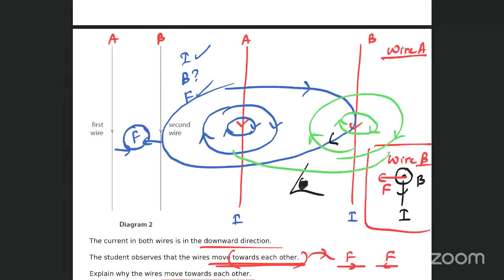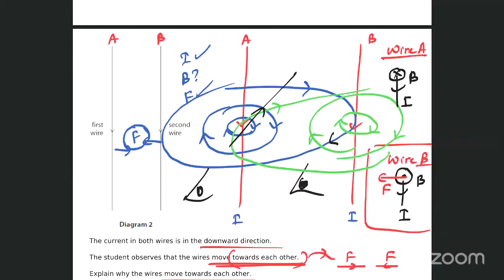If we consider wire A, the current is pointing downwards. If we observe from here, the magnetic field is going through the wire towards the plane. So it will be across like that.